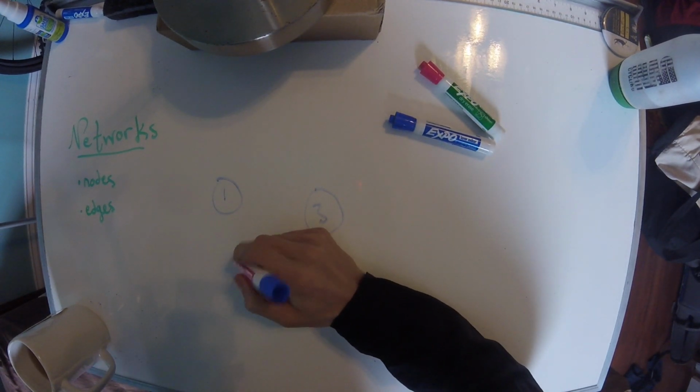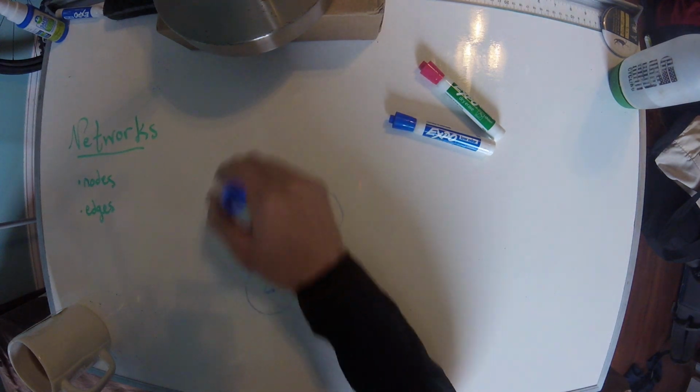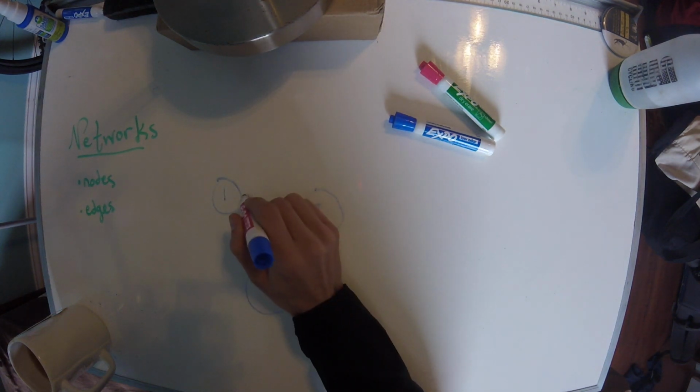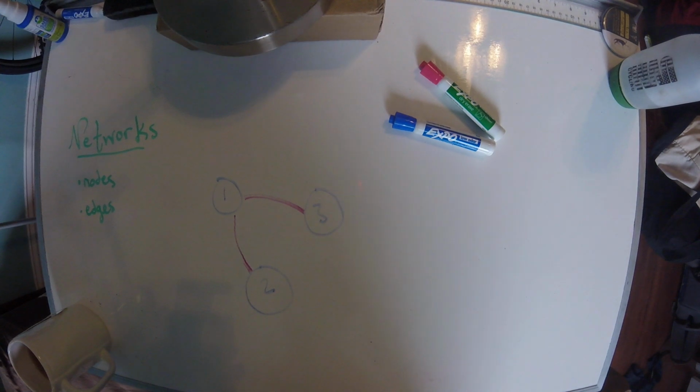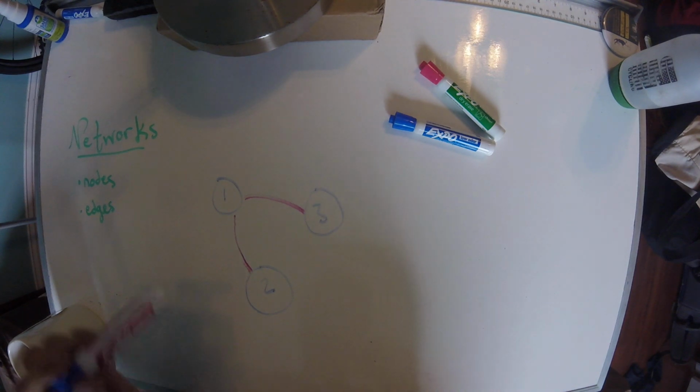So we have an edge between node 2 and 1, and an edge between 1 and 3. And let's say that that's it. That's all we have. So 3 and 2 are not directly connected.